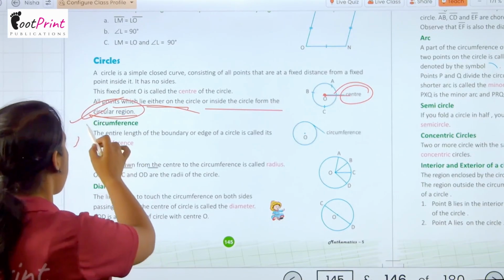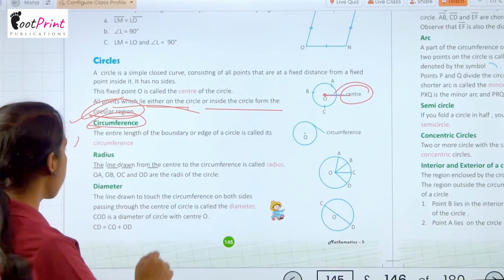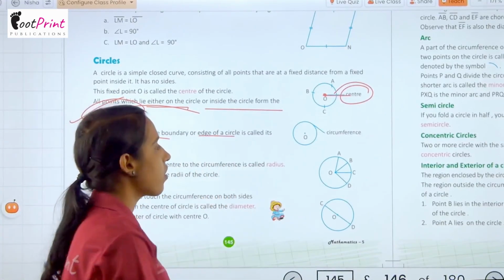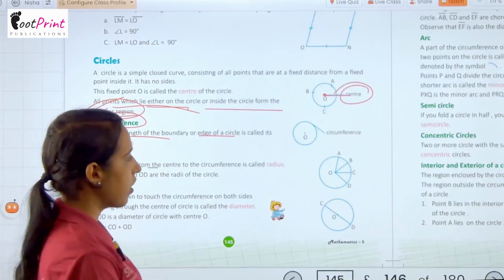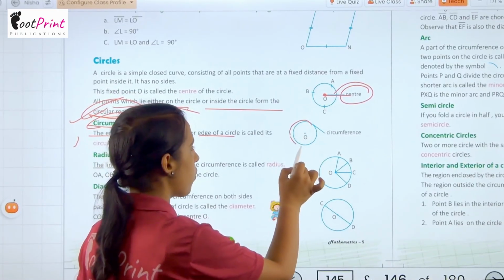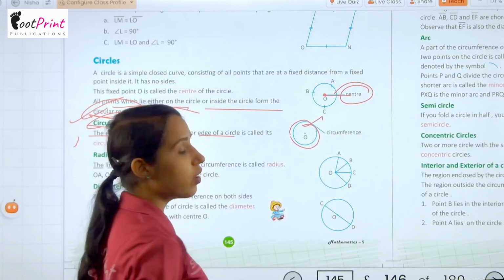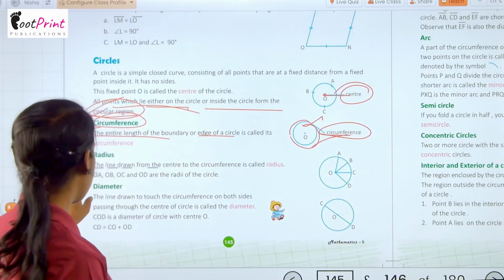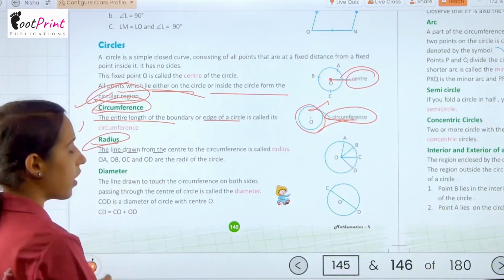Okay, next is circumference. So what is circumference? The entire length of the boundary, or we can say the edge, of a circle is called its circumference. Here, from here to here, the whole length of the boundary is equal to the circumference. Okay, next one is radius. So what is radius?